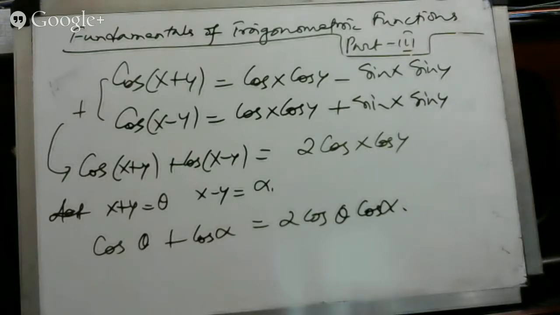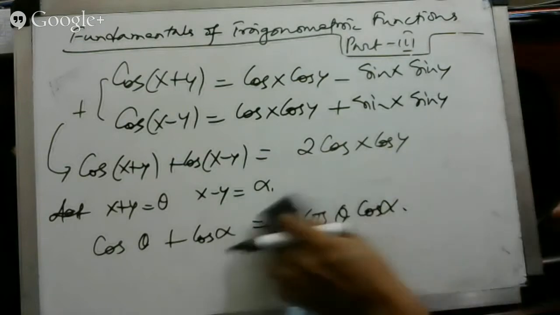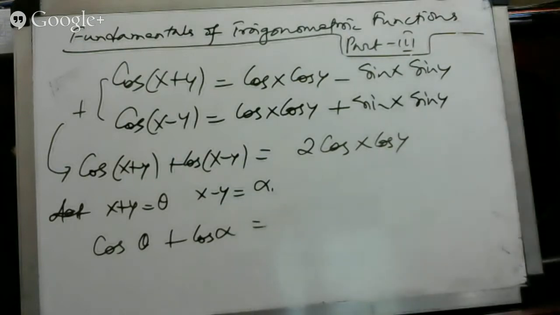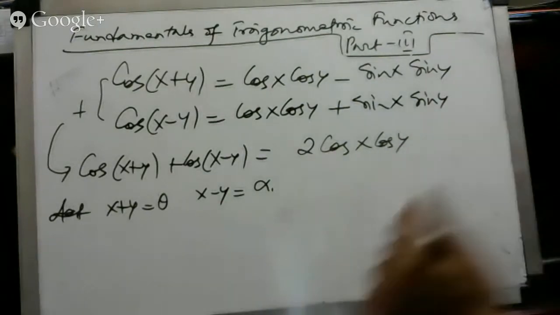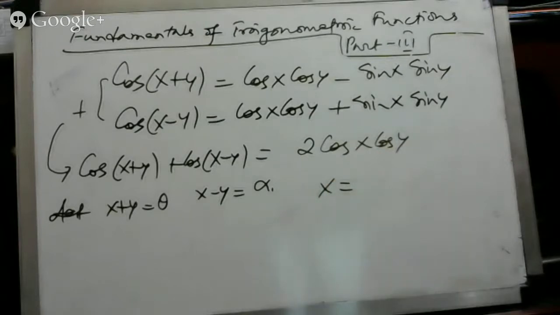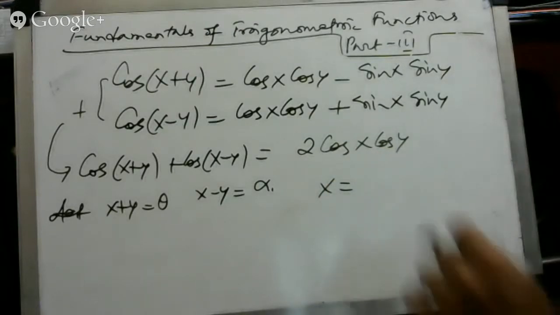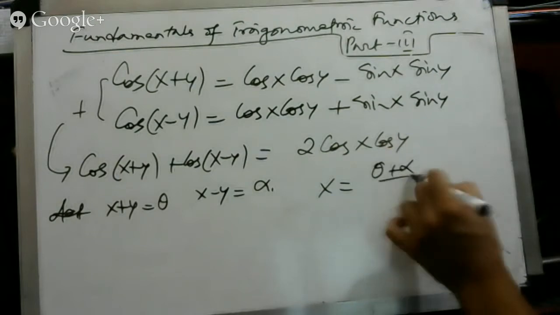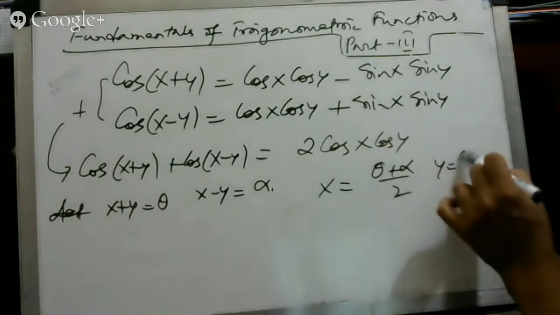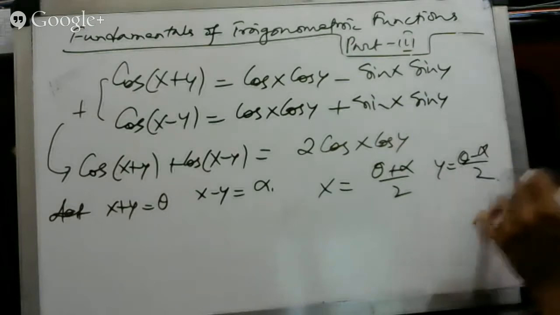I'm sorry. This becomes like this. So if we say x plus y is equal to theta and x minus y is equal to alpha, then x is equal to theta plus alpha divided by 2 and y is equal to theta minus alpha divided by 2.